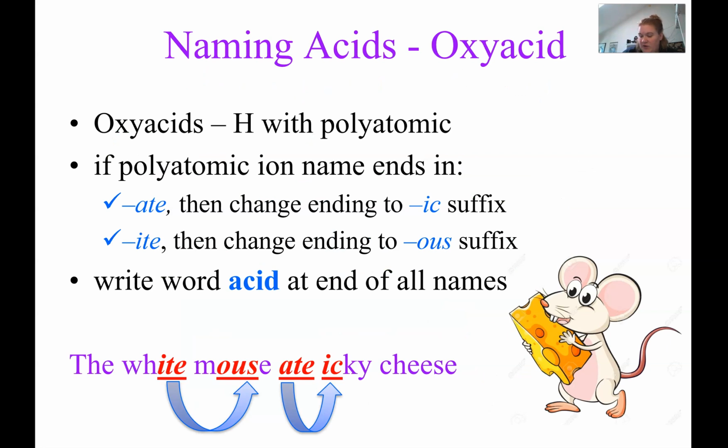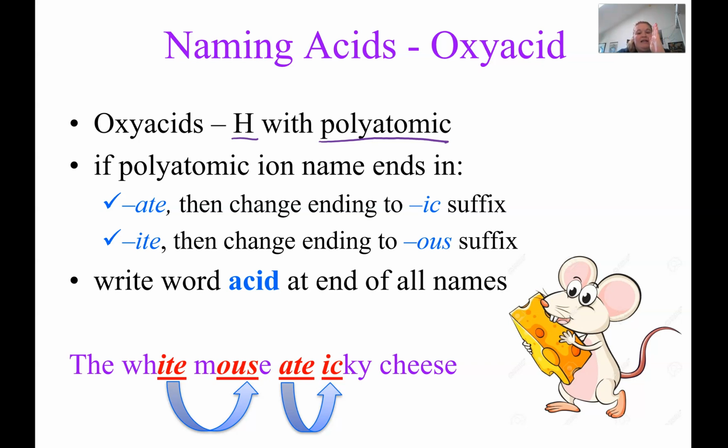And then our last category are oxyacids. An oxyacid is a hydrogen with one of our polyatomics. And the name of the acid is going to be based off of the name of the polyatomic, specifically the ending. So we saw that our polyatomics change their name, so thinking about the sulfate one that was on that slide, the most amount of oxygens was persulfate, then sulfate, then sulfite, then hyposulfite.